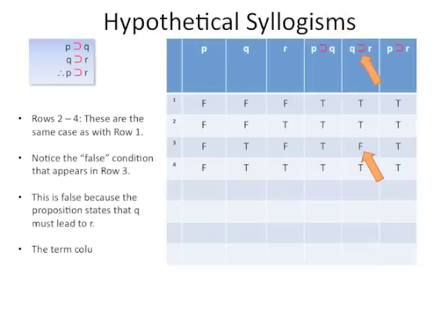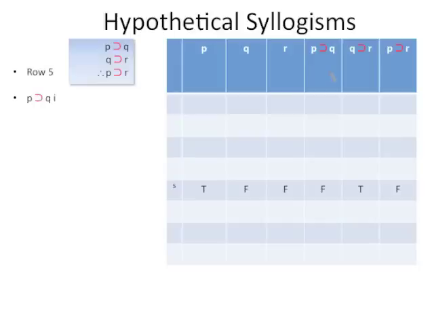But what I want you to look at now is row 5. Now, if P then Q is false, because this rule gets broken, where there is a P but no Q shows up in the situation.